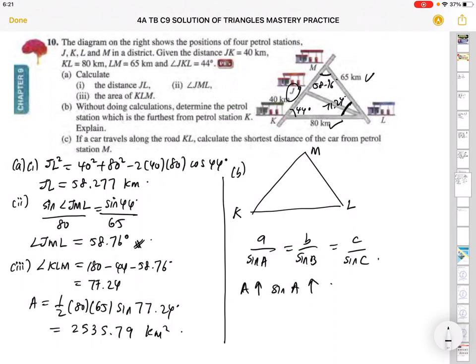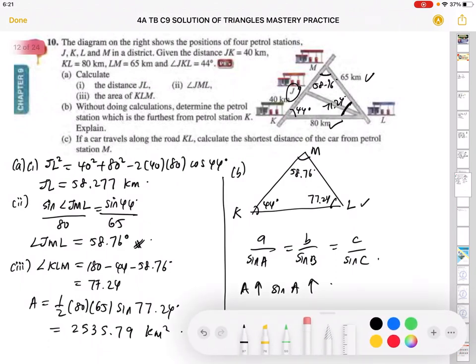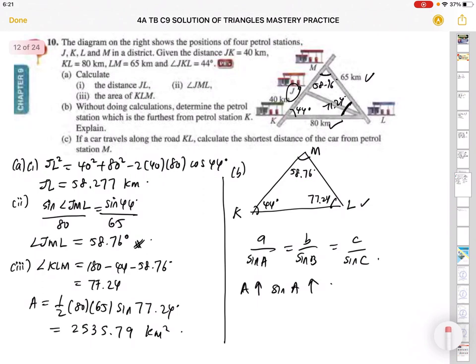This is 44, this is 77.24, this is 58.76. So the largest angle here that we have is angle L, right? If angle L is largest, then the opposite side here, KM, will be the largest length of all 3 sides, right?